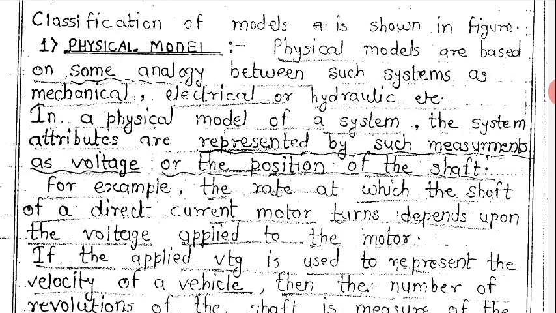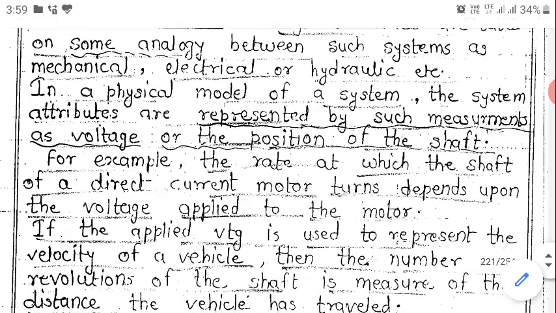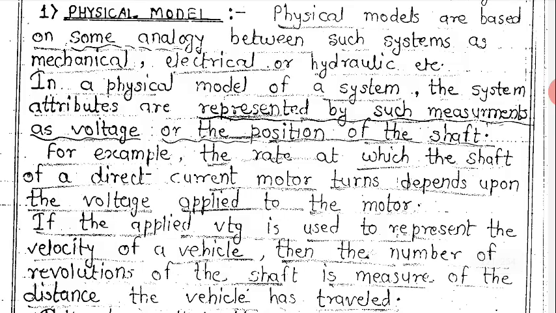A physical model has some analogy with a system such as a mechanical, electrical or hydraulic system. In a physical model, the system attributes are represented by some measurement, such as voltage or the position of the shaft.